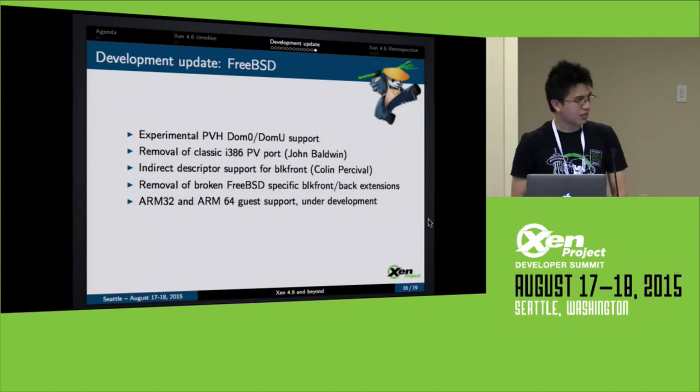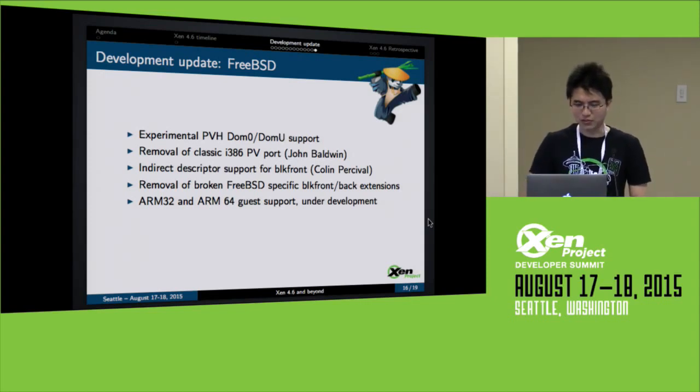And then here's the development update for FreeBSD, which I got from Roger. I think most of them target FreeBSD 11, which will be released next year. So now Roger has committed experimental PVH Dom0 and DomU support.